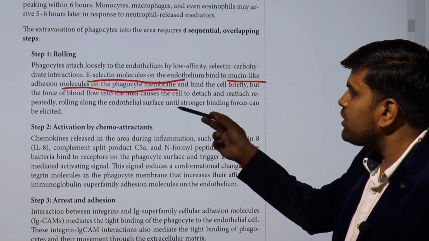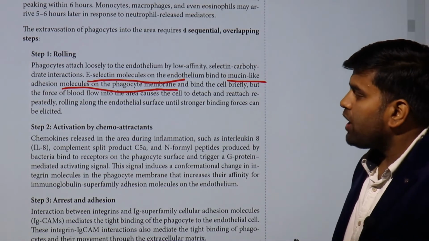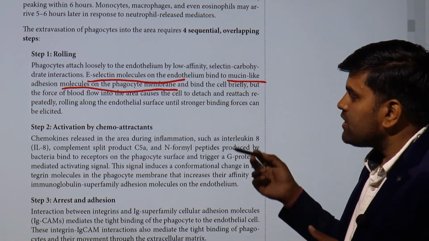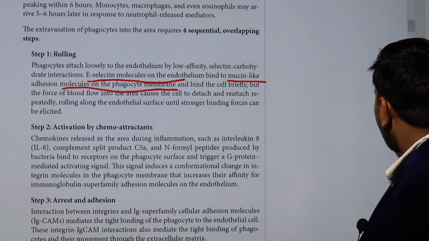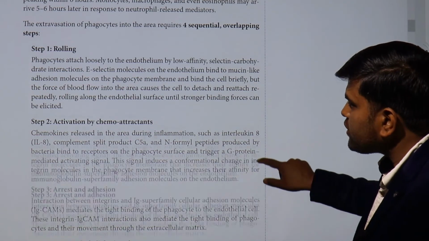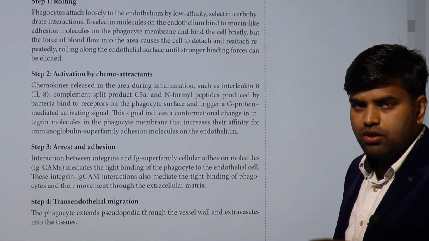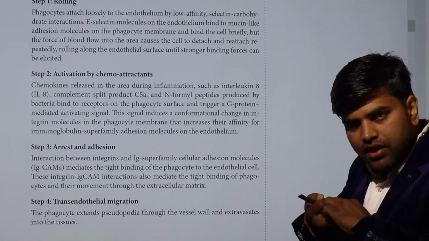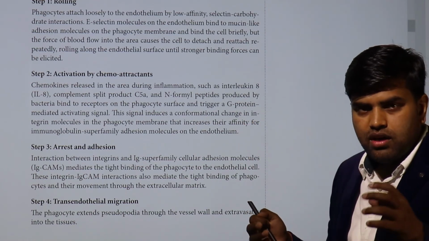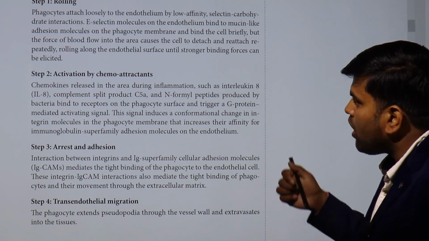There will be rolling on the endothelial surface until strong binding is elicited. Why will strong binding occur? Because of the integrin and ICAM adhesion, that is the strong binding. So how does that happen?